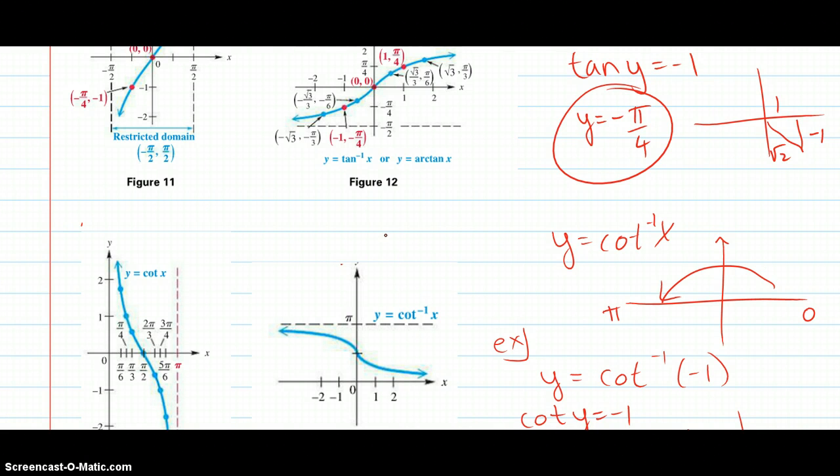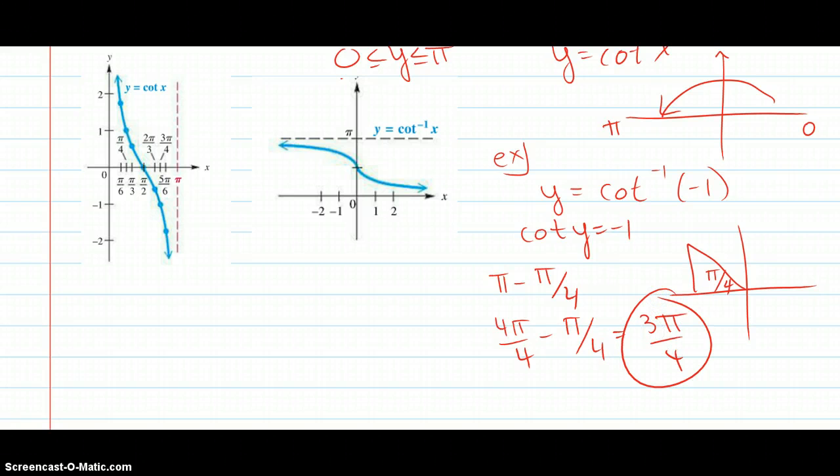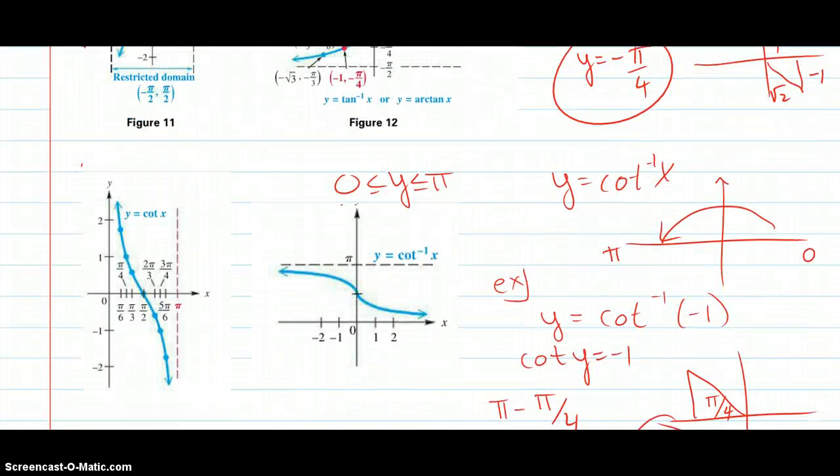The y is going to be from 0 to pi, the range for cotangent inverse. So you were going to take that and get 4 pi over 4 minus pi over 4, which is 3 pi over 4. Again, there's only one answer, but it would be different than the tangent inverse.